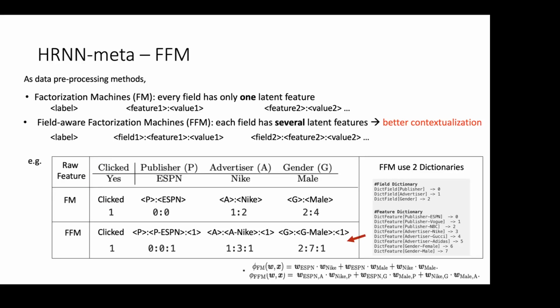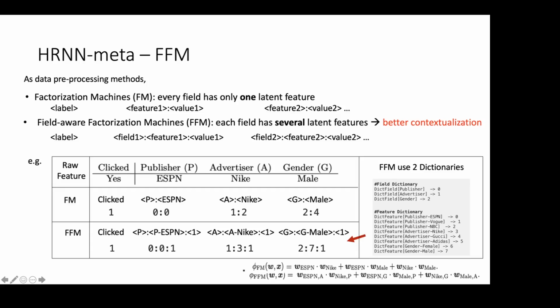The FFM is the short name for field-aware factorization machines. This, I think, is a method of data preprocessing for recommendation systems. The standard way is factorization machines.